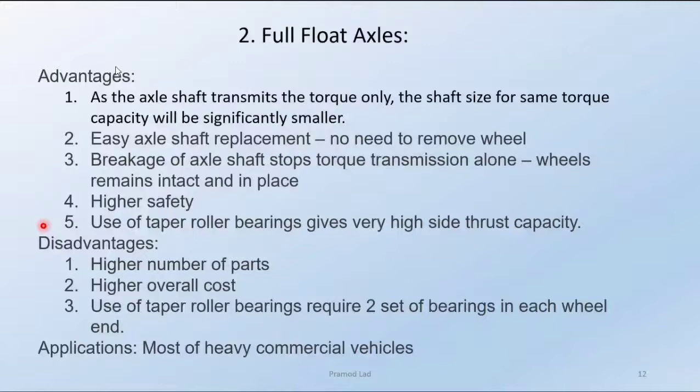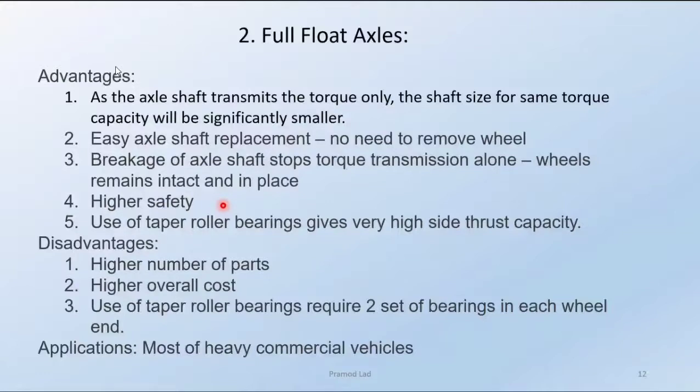So the only function that stops is the torque transmission. The vehicle will stop moving from its stationary condition, but there will be no issue like separating of the wheels from the vehicle.